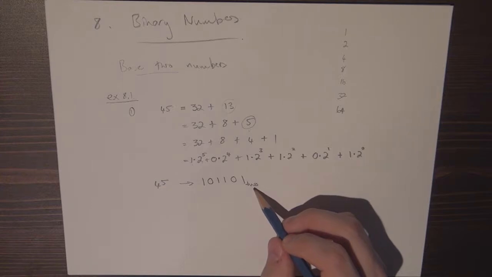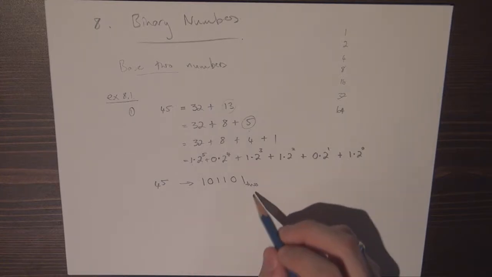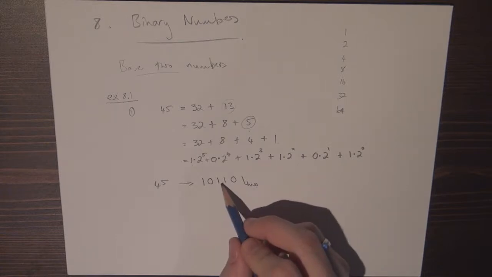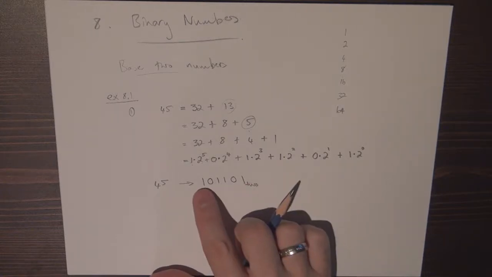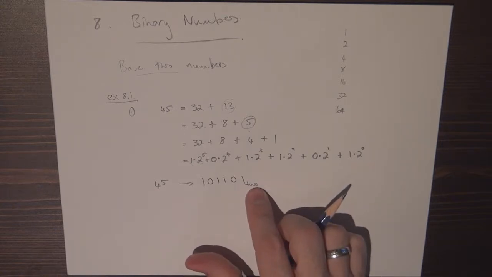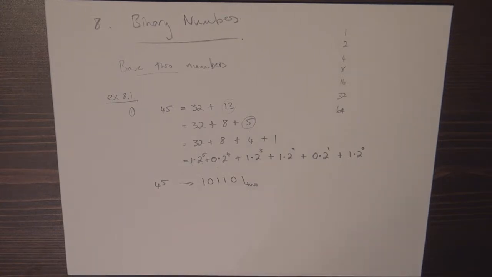But if you have any doubt and there are other numbers floating around, then you should say, no, I'm working in binary. Otherwise, this could be read as 101,101. So I need that 2 there. But you'll see it sometimes left out in the question when they say these are binary numbers.